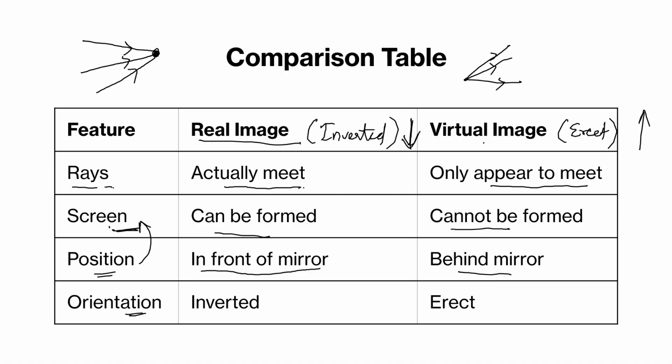One more thing to remember is that virtual images are always represented using dotted lines, which means imaginary, since light rays appear to meet. Virtual images are represented by an upright arrow with dotted lines, and inverted images are always upside down with solid lines. This is the main difference you should remember.